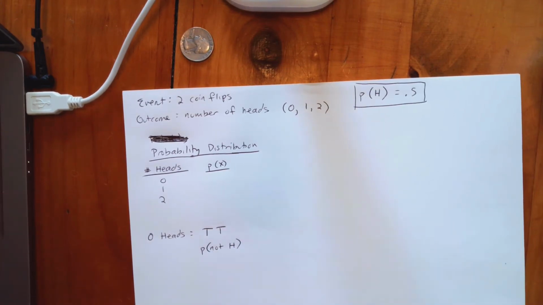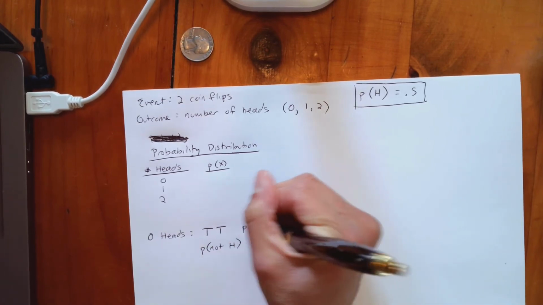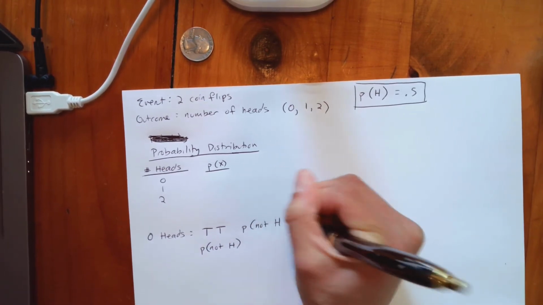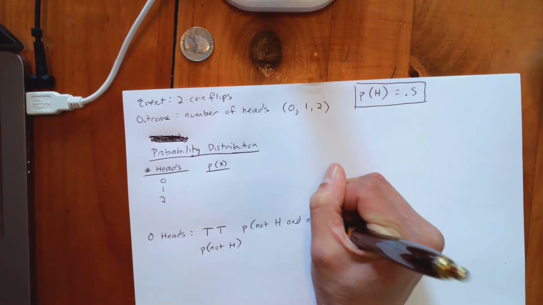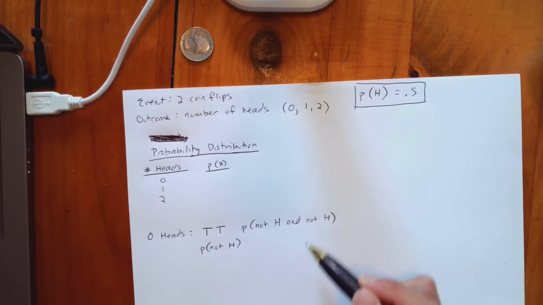So in order to do that, and I'll write this out like this. So we'll say that to get tails and tails, we need the probability of getting not heads and not heads again. So this is an example of how our rules for calculating probabilities can be combined. So here we have 2 things going on. We want to know the probability of getting not heads in our first flip and the probability of getting not heads in our second flip.